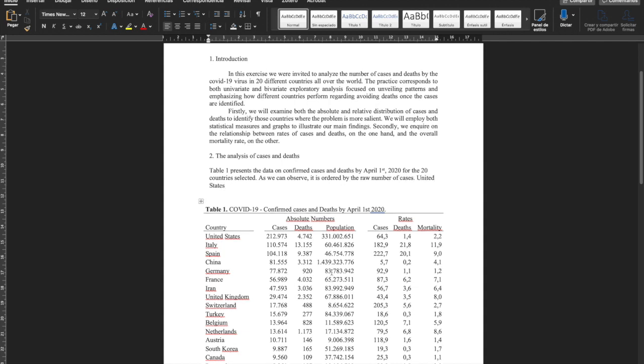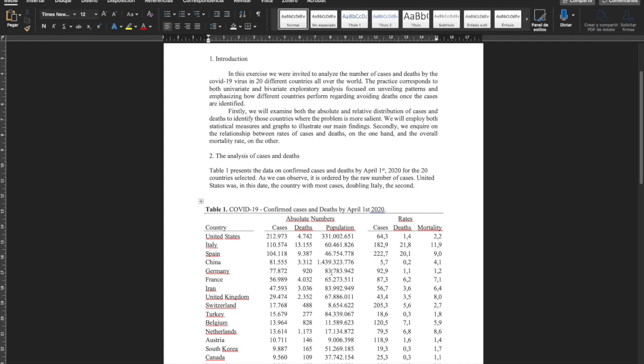The United States was, on this date, the country with the most cases, doubling the second, Italy. But okay, so this is it.